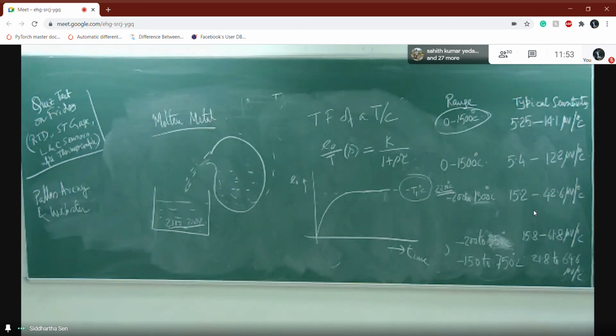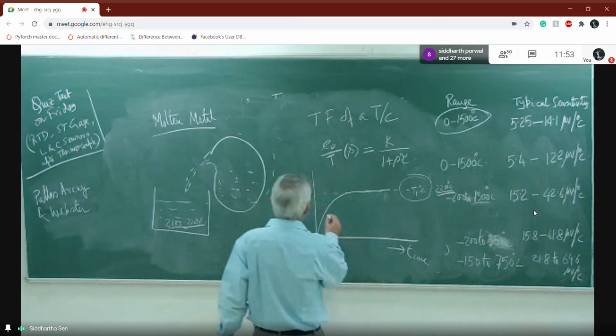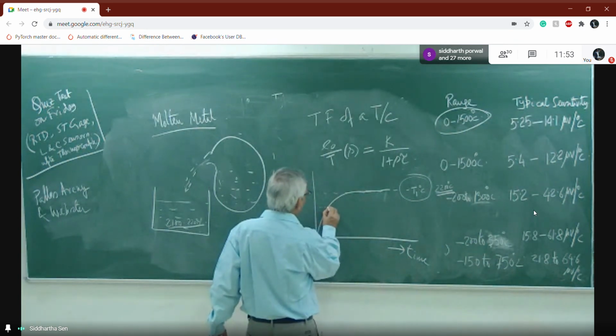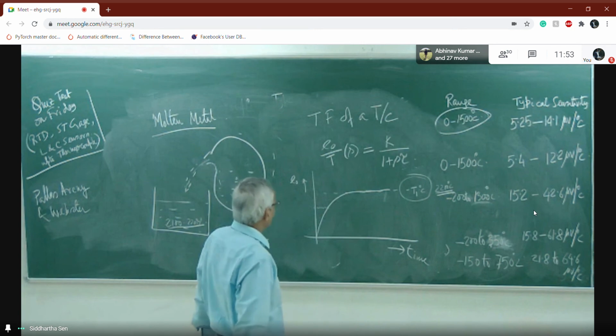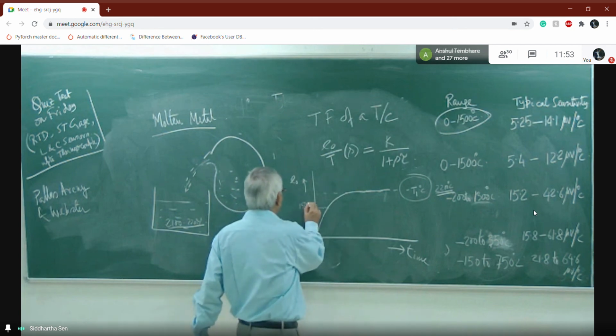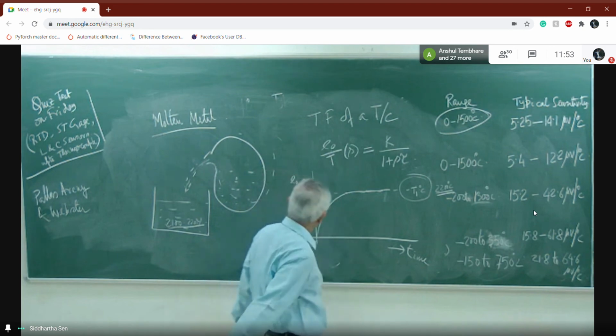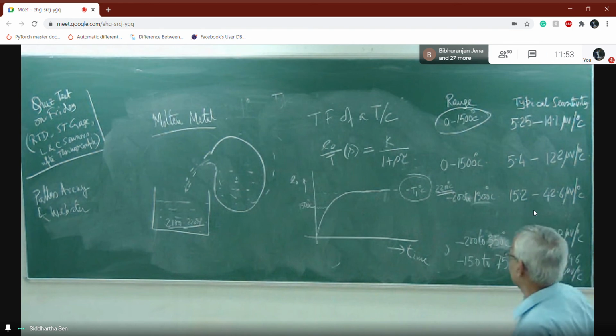So the point is that at a particular temperature it will be melting. Suppose I say it is 1500 degrees Celsius when it melts.